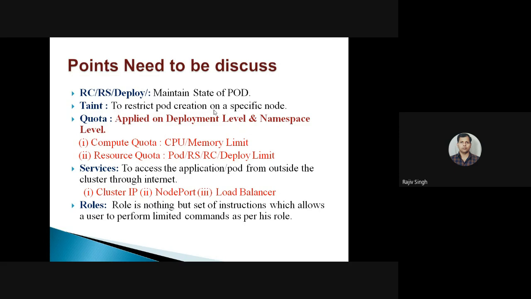If you want to access your pod services from outside the cluster, from the internet, then you have to use the node port and the load balancer, because cluster IP is not capable of exposing your application outside the cluster. So these are the services which are used to expose your application outside your cluster.